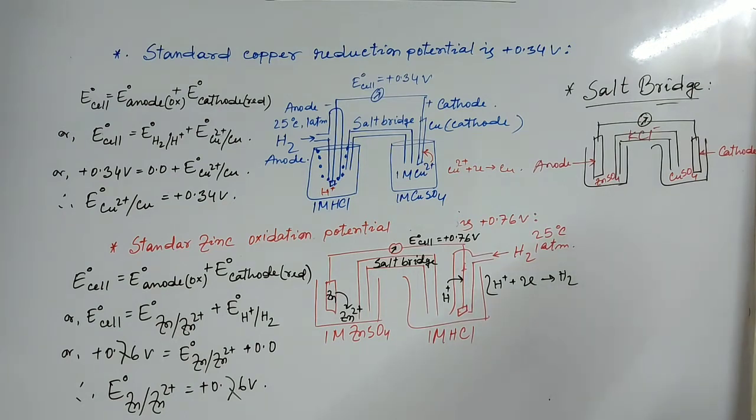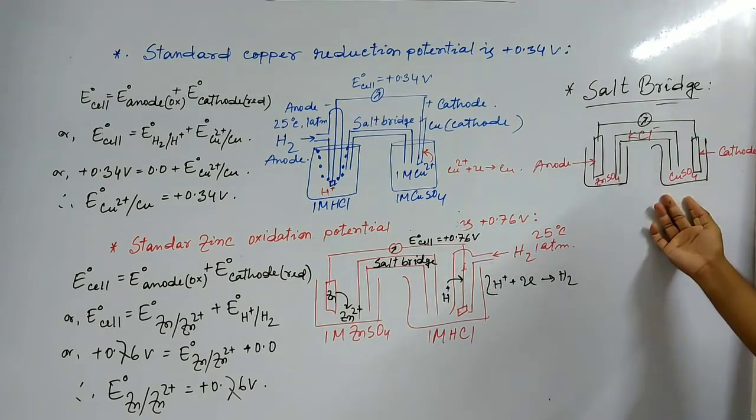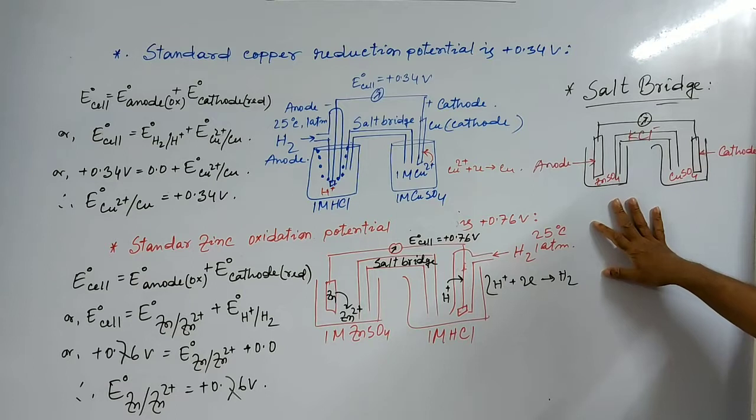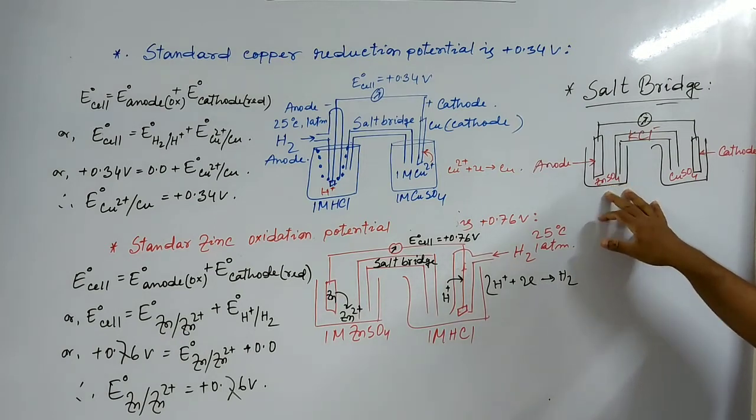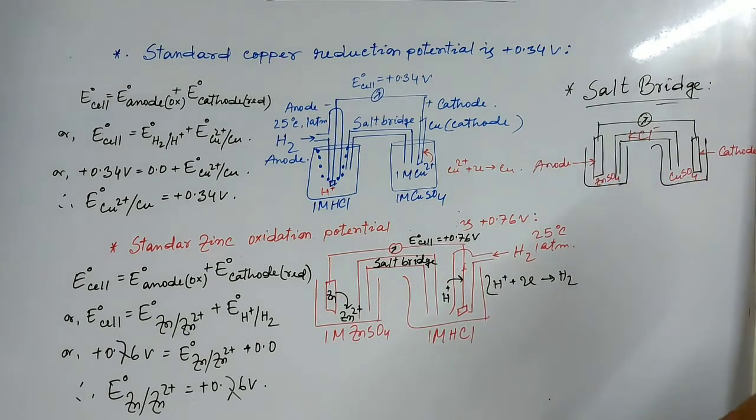This instrumental arrangement is known as salt bridge. Salt bridge actually completes the circuit of the galvanic cell, and it neutralizes the positive and negative ions of both of the half cells.